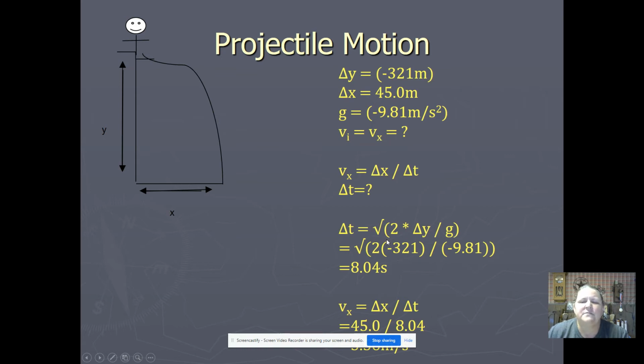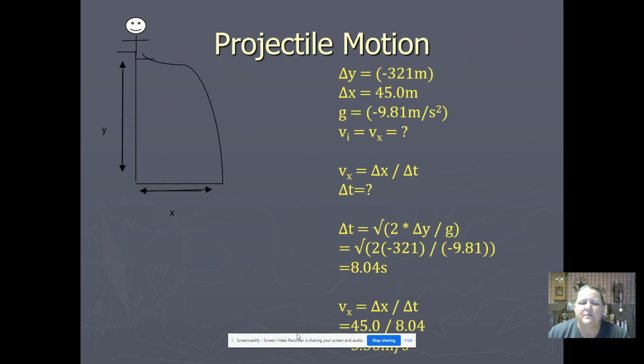So 2 times the height, negative 321, divided by g. This negative cancels out this negative, so it's 2 times this divided by this. Take the square root of your answer, and you get 8.04 seconds from the time you kicked it to the time it landed in the river. It took 8 seconds.